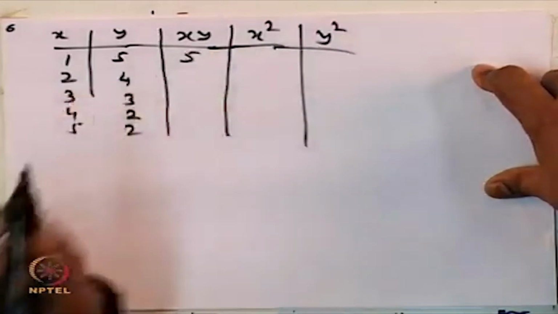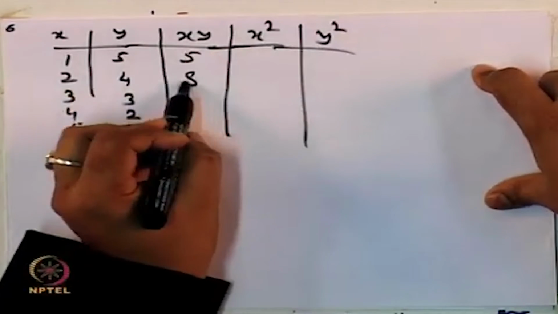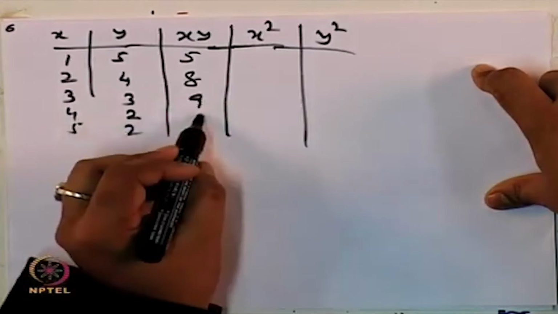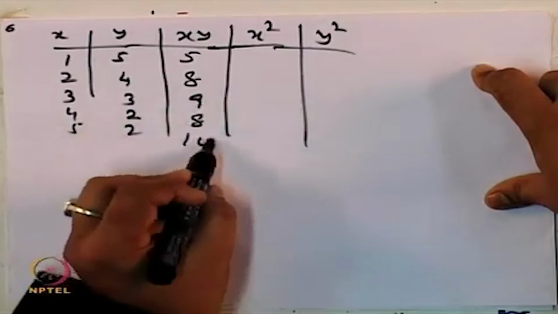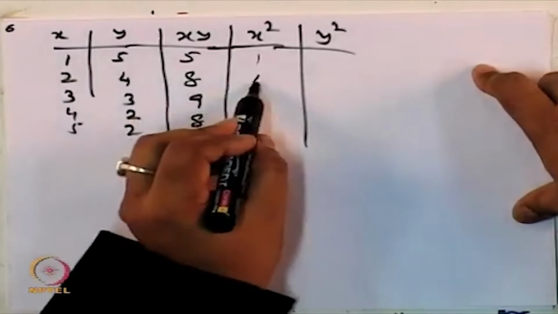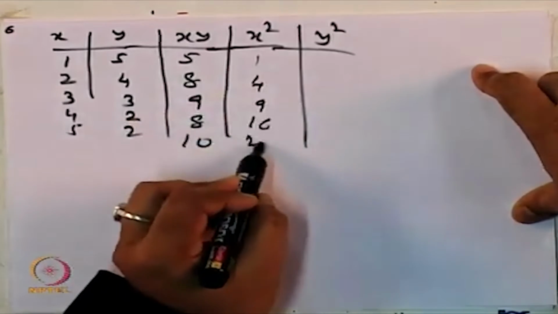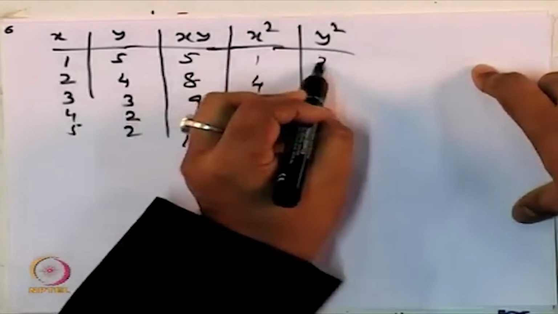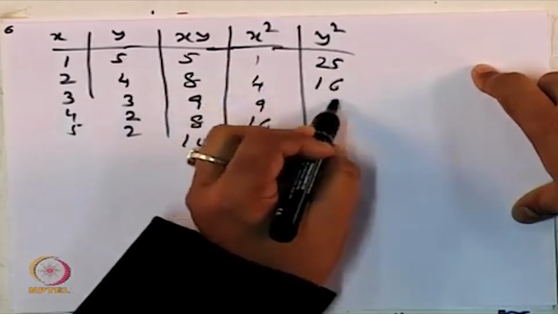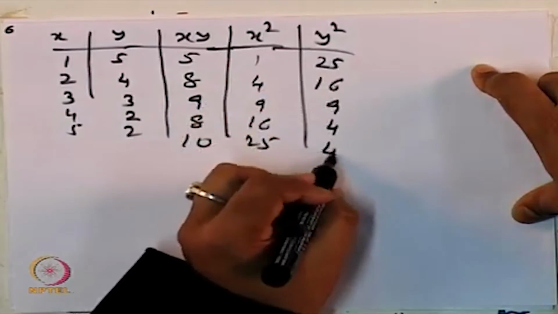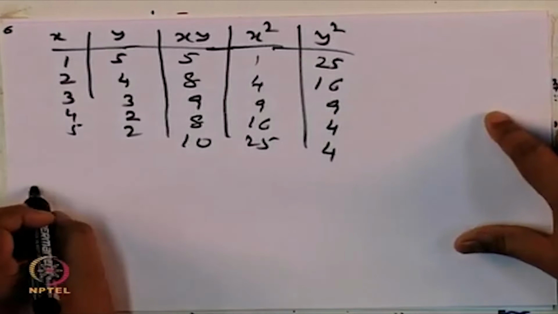Okay. I can calculate these values: 5, 8, 9, 8, 10 for x y, 1, 4, 9, 16, 25 for x square, and 25, 16, 9, 4, 4 for y square.